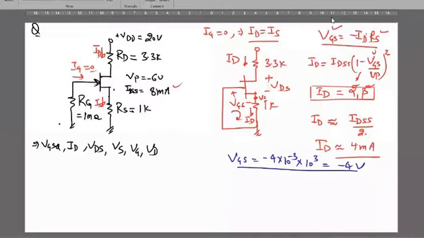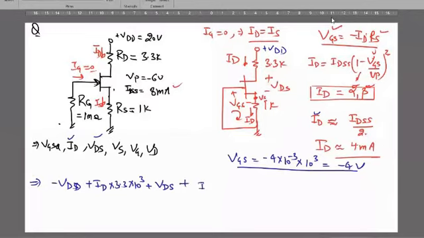Okay, and then you can go for this ID. ID you have collected already. This is around 4 milliampere. Now VDS. For finding the VDS, you can apply KVL at the output loop, and this will be minus VDS minus VDD plus ID into 3.3 into 10 raised to the power 3 plus VDS, and plus ID into RS.